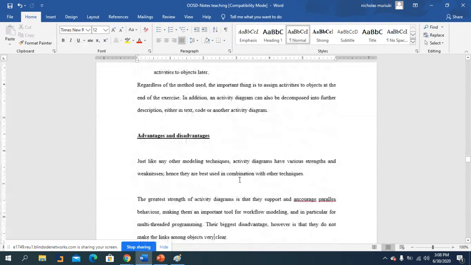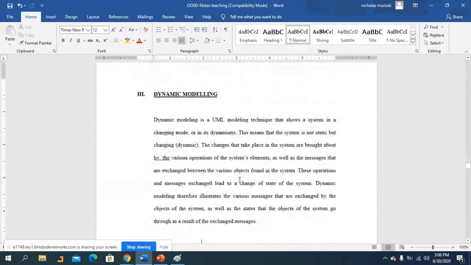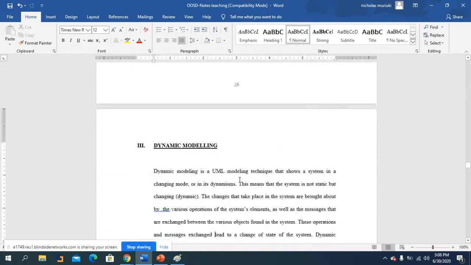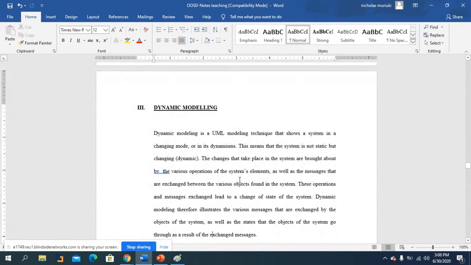Then after that, we can look at this aspect of now the dynamic model. When you look at the dynamic model, we are looking at the change mode. That is what we said, dynamism, or the change of an object from one point to another. And that change from one point to another is the one that we need to understand in a real way or in a simple way.